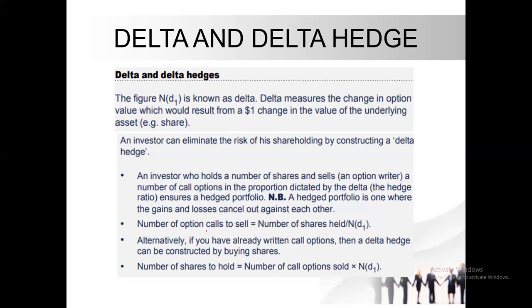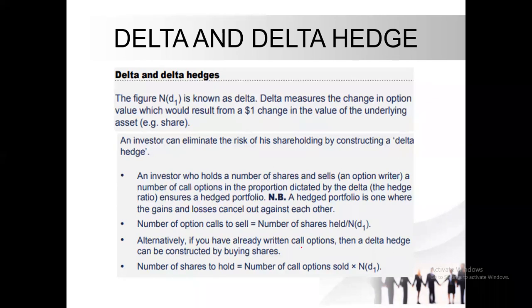The number of options that you must write is given by the number of shares that you hold divided by your ND1. So you've got 100 shares, then you divide by your ND1 to find how many options should be written.